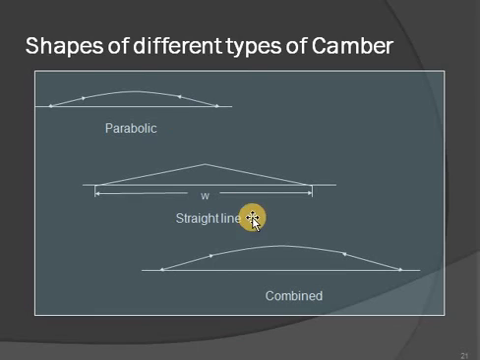First one is parabolic, second straight line, and W is the width of the road, and this is combined. These three types of cambers are provided majorly in road construction. Practically also we will see parabolic as well as combined roads. Straight line roads are seen very rarely. Almost all these three types of roads are constructed.